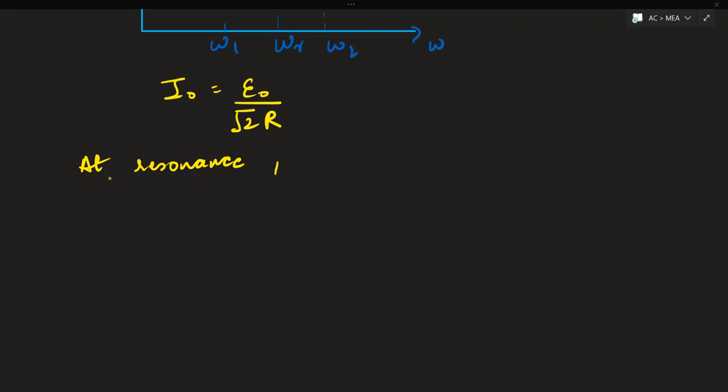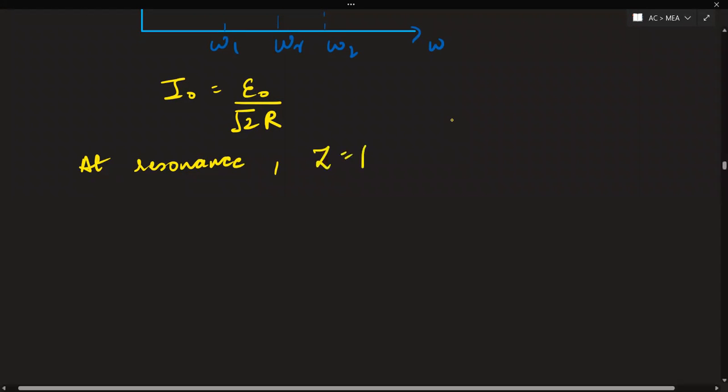Look into your notes. You must have written it in the last part before the lecture ended in the last class. Nobody remembers. See, XL and XC got cancelled. So under root, R square will be what? R only. Impedance is actually equal to resistance.